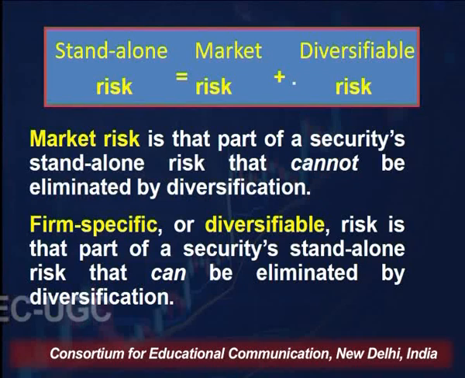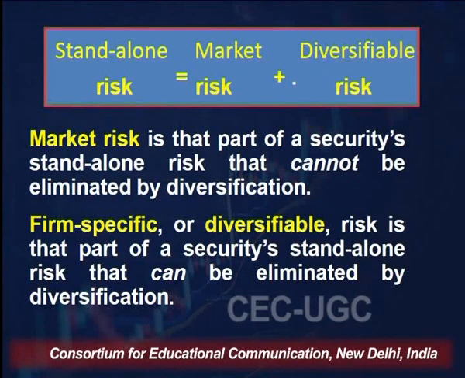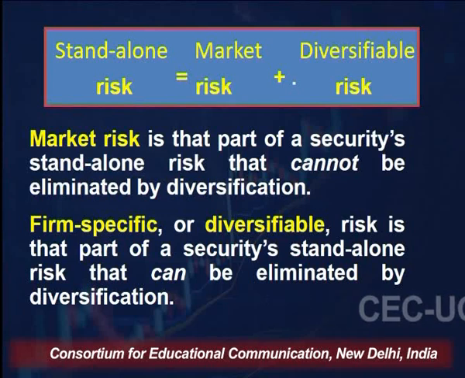Whereas firm-specific or diversifiable risk is that part of a security's standalone risk which can certainly be eliminated by diversification. So when we're talking about standard deviation, when we're talking about variance of a stock, that can certainly be diversified. That is possible by investing in different securities, but market risk is systematic risk and cannot be diversified away.